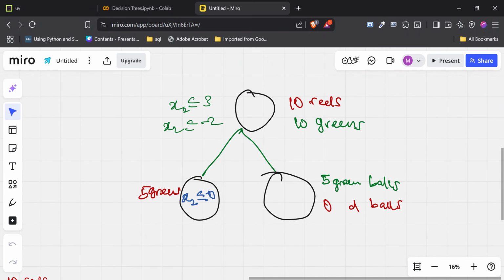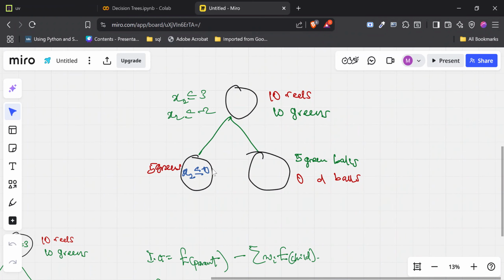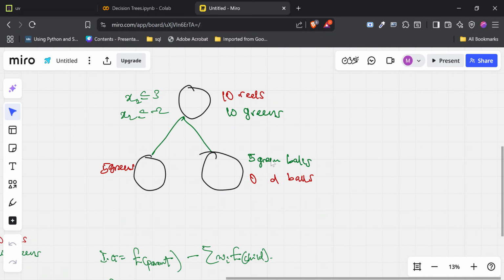So we want to compare two splits. We want to compare the split of x2 less than or equals to 3, which is what resulted in 5 greens, 0 red. Let me add 0 red here.